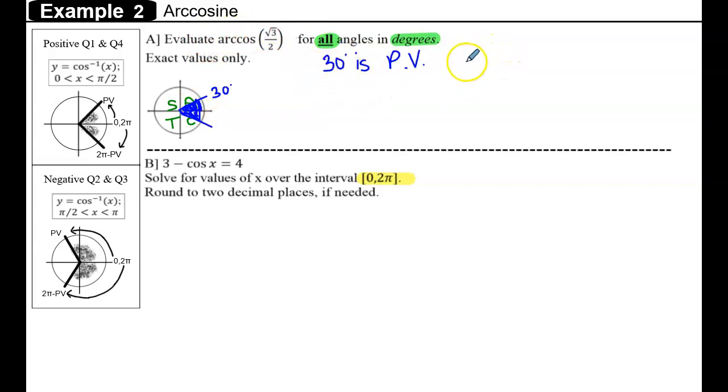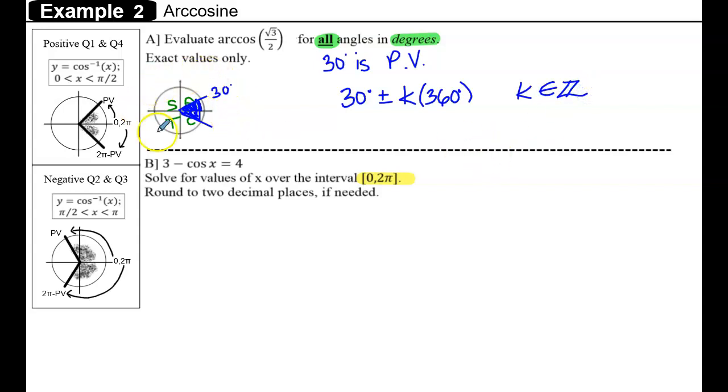So an expression representing all possible angles in degrees would be 30 degrees plus or minus k times 360, where k is an element of the integers.